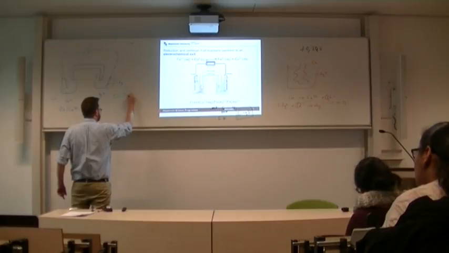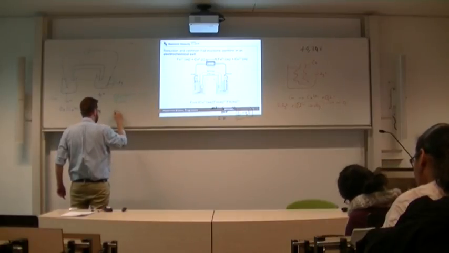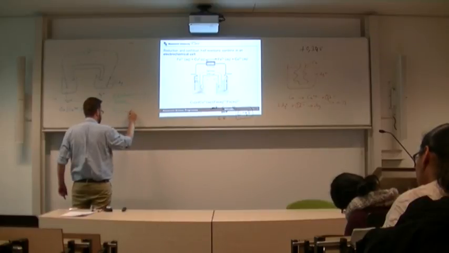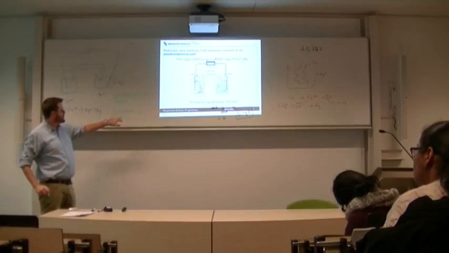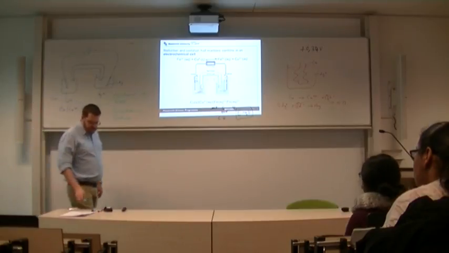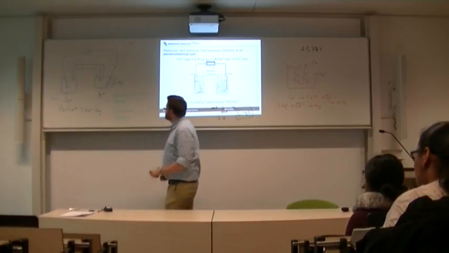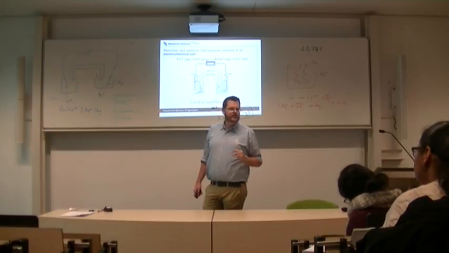Oxidation occurs at the anode, reduction occurs at the cathode. The way that I remember it is reduction with the T, cathode. All right? So oxidation per definition is a process where we, what? Generate or use up electrons.